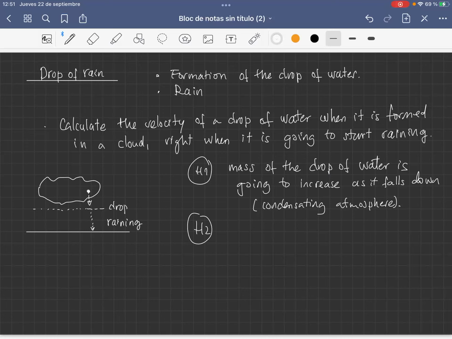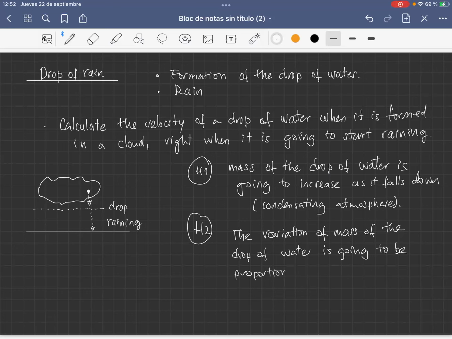So the variation of mass of the drop of water is going to be proportional to the surface of the drop.